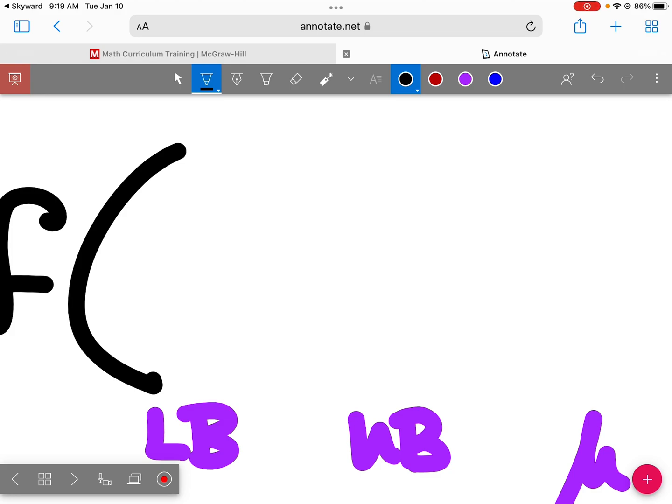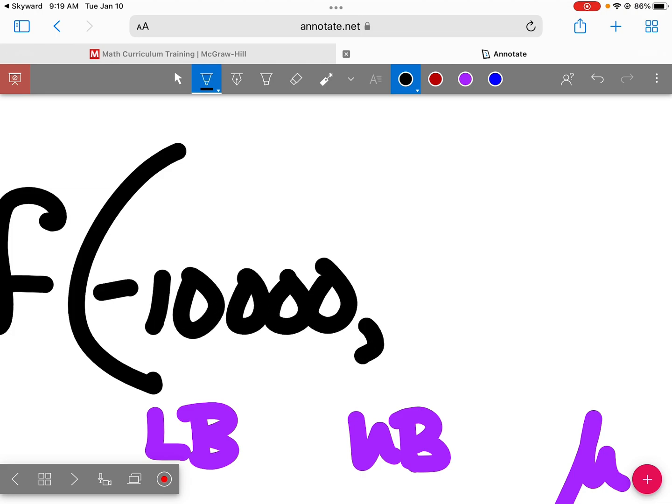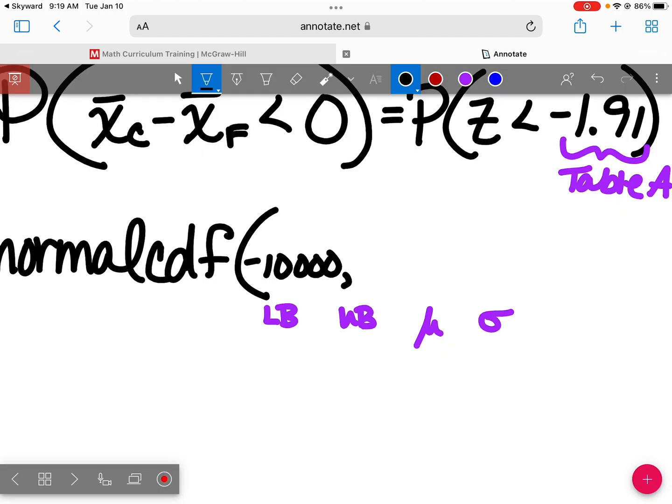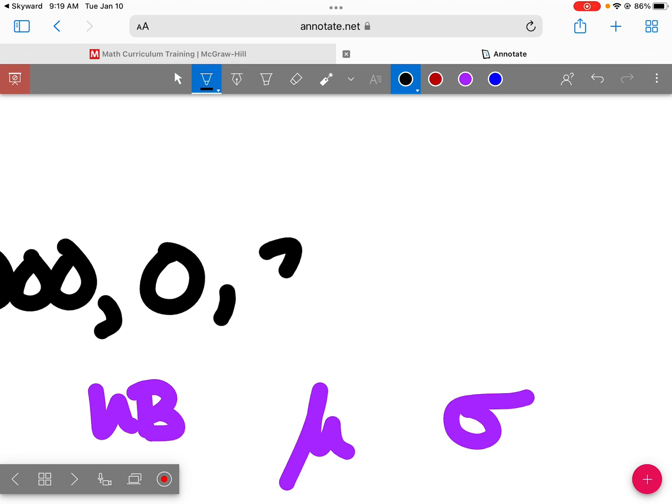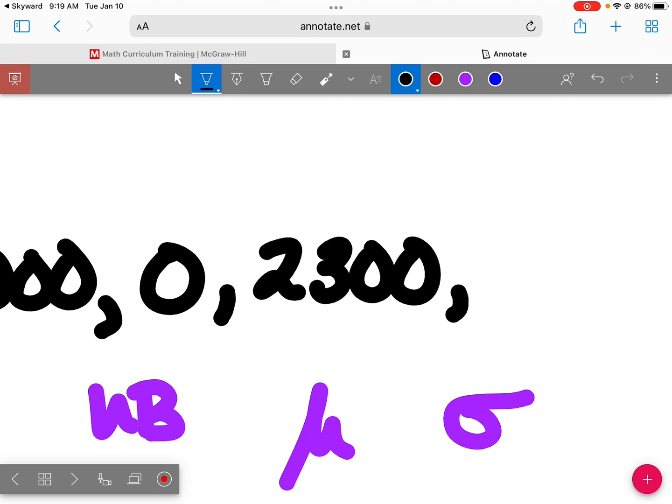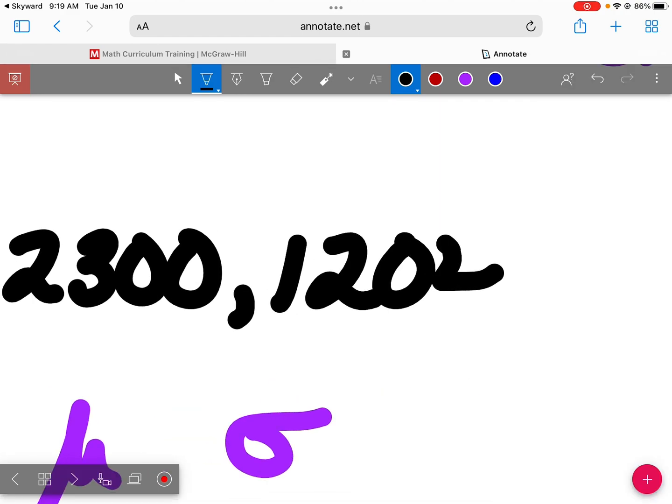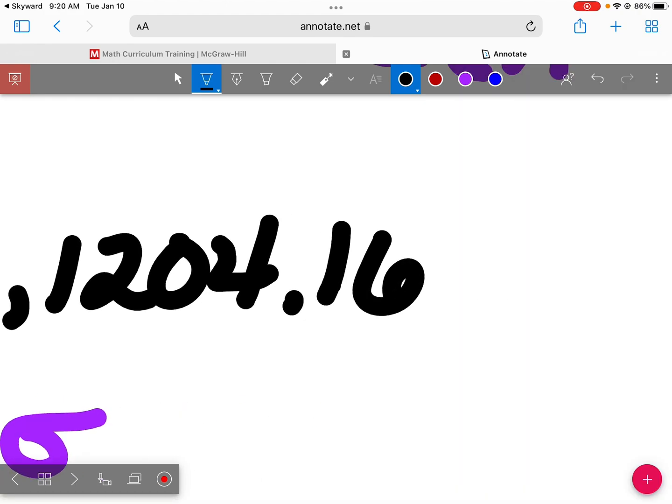Yeah, we're looking for 0, and if I look at the way I drew my picture, that's my upper bound. So I need to pick something that's quite small. Negative 10,000 sounds good. My upper bound would be 0. Mu is 2,300, and sigma is 1204.16.